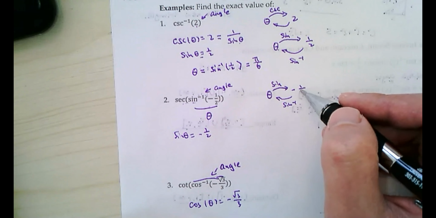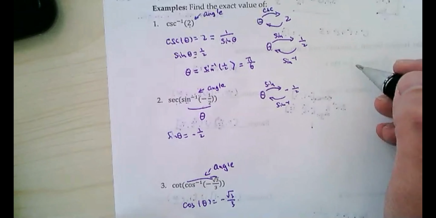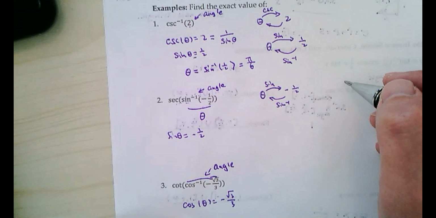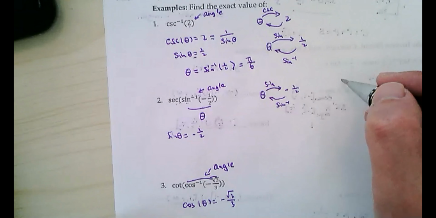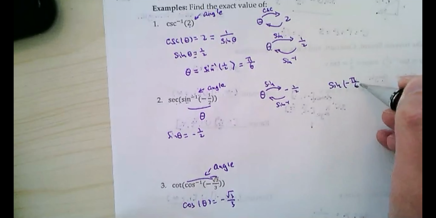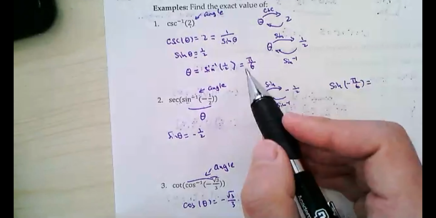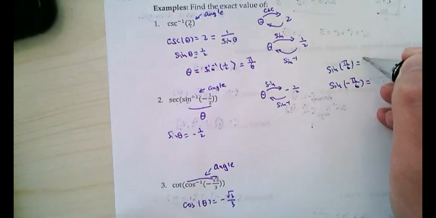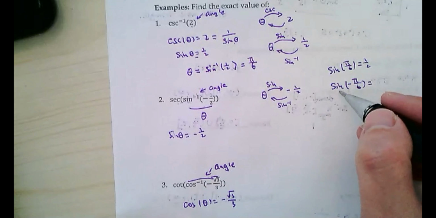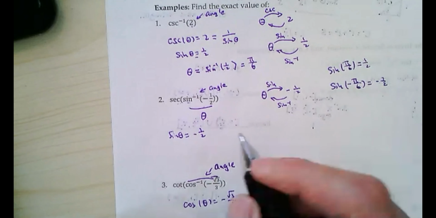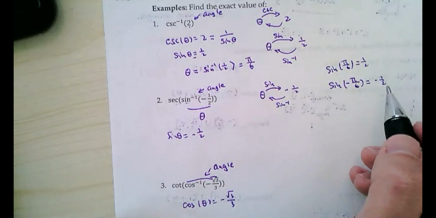There should be such an angle. Is it 11 pi over 6? It is -pi/6, right? Oh, it's -pi over 6. Okay. Sine -pi/6. Because our sine pi/6 is 1/2, our sine -pi/6 is -1/2. Okay.